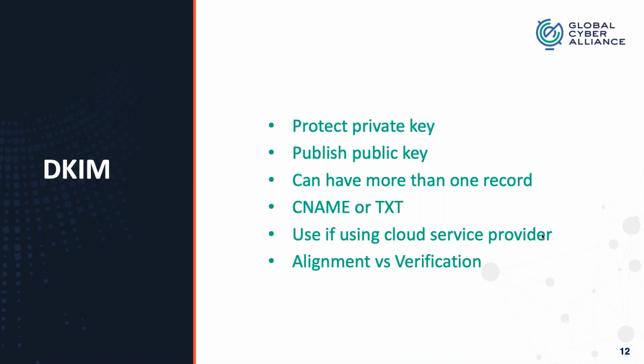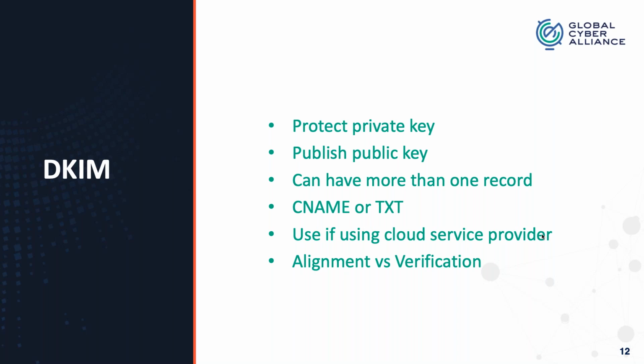Now also remember with DKIM that this is using PKI, right? There's a private key and a public key. Whether you generated the keys or you have your third-party vendor give you the information for these keys, the key part is that you protect your private key.